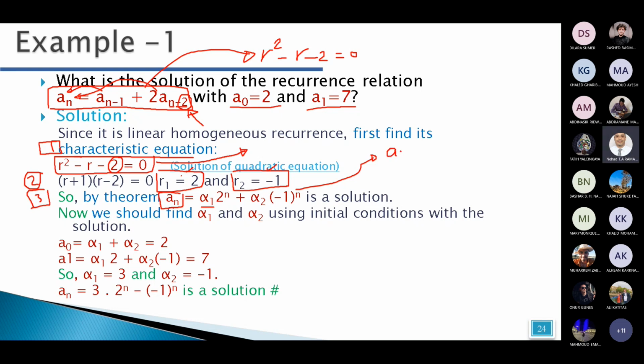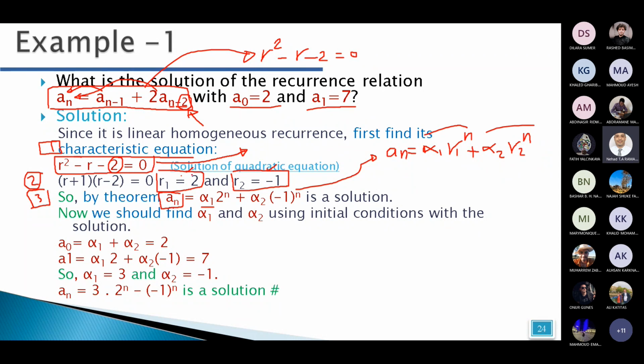If we have two solutions, then a_n equals alpha 1 multiplied by the first solution r1 to the power n, plus alpha 2 multiplied by the second solution to the power n, and so on. If we have three solutions, then plus alpha 3 r3 to the power n, and so on, because it's a summation of all the solutions.